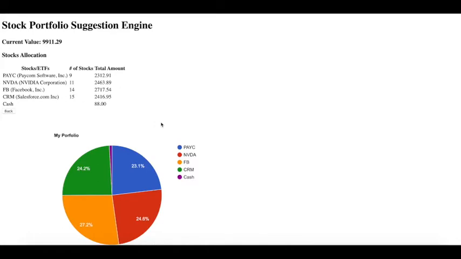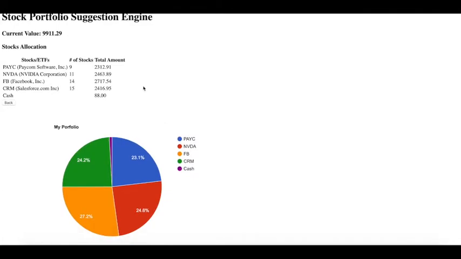For the second investment strategy, the growth investment strategy, we choose 4 stocks to invest in, which is Paycom, Nvidia, Facebook, and Salesforce. And we use the same distribution strategy here.